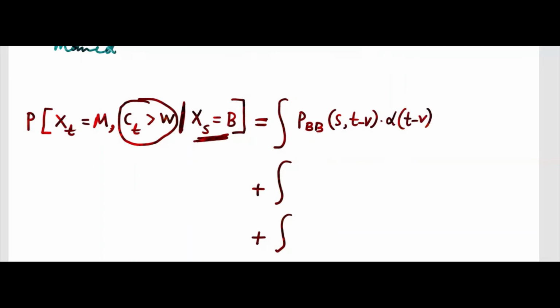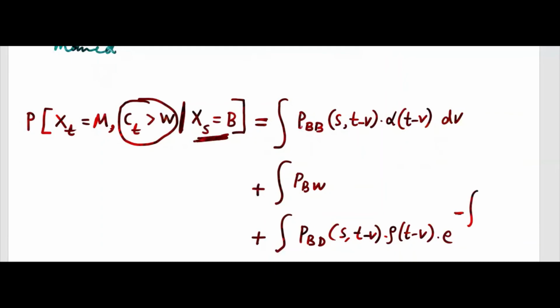Remember what I am using. Then I have to write dv here. Then p b to w, this is possible. P b to d, we can check all these things. I am just copying whatever is here. These are the same expressions, but what is the change? That change I want to show you.